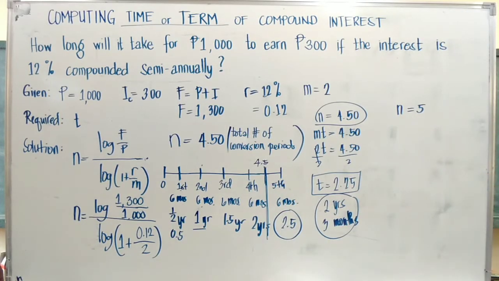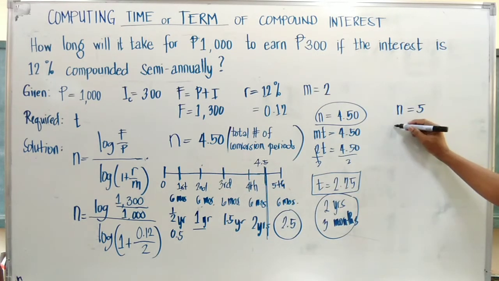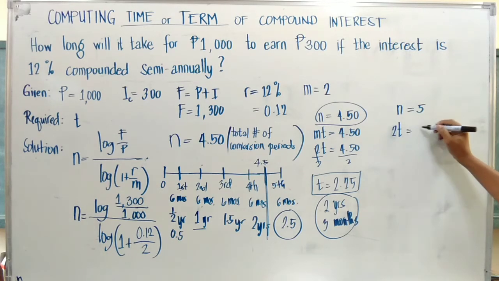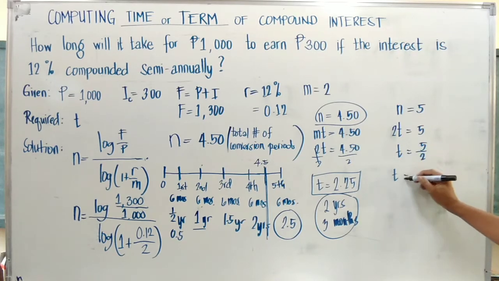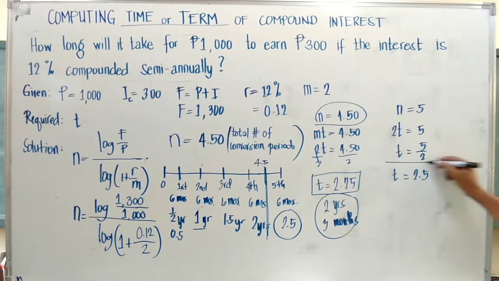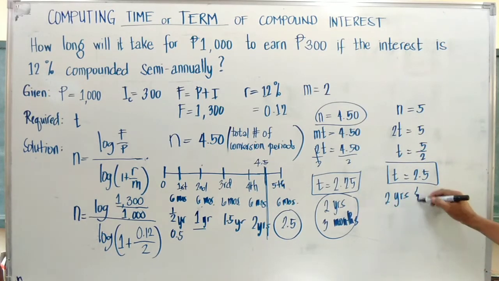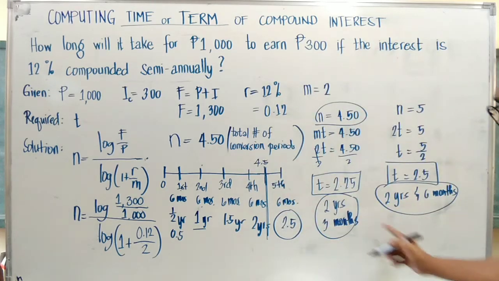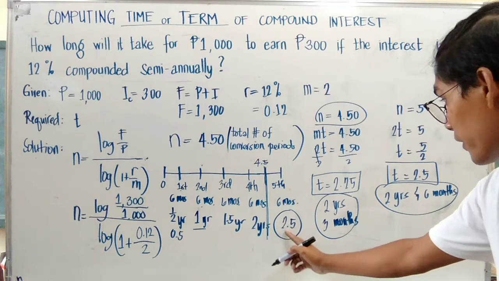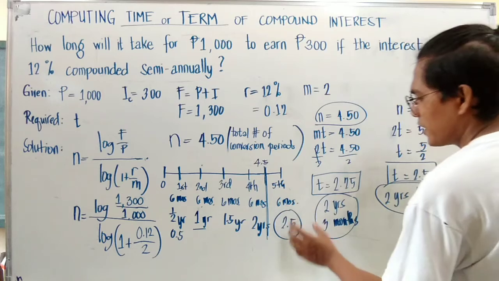So we will round it off to 5. So we have 2t is equal to 5. So t is equal to 5 over 2. Then t is equal to 2.5, or 2 years and 6 months. So I guess that you learned from this solution. So the targeted time or term is 2 years and 6 months.